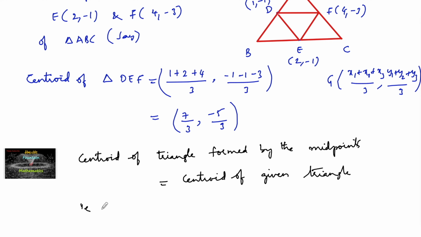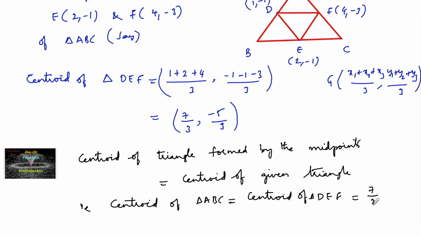That is, the centroid of triangle DEF is the same as the centroid of triangle ABC. We can write the centroid of triangle ABC is the same as the centroid of the triangle formed by the midpoints, that is the centroid of triangle DEF. So what is the centroid of triangle DEF? 7 upon 3 comma minus 5 upon 3. So we can give the answer: 7 by 3 comma minus 5 by 3 is the answer.